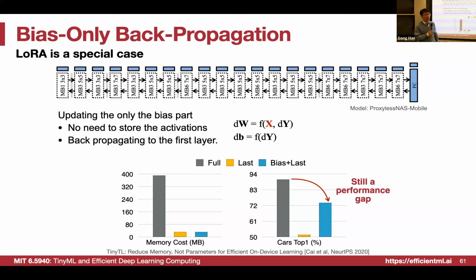For each layer, we don't need to store those activations, since calculating the bias gradient, unlike calculating the weight gradient, does not need to store the activations. There is still a performance gap this way, although the memory cost is much smaller compared with full fine-tuning and very comparable to fine-tuning the last layer. It's actually superior to fine-tuning the last layer because it adds almost no extra memory compared with fine-tuning the last layer, but improves accuracy a lot.